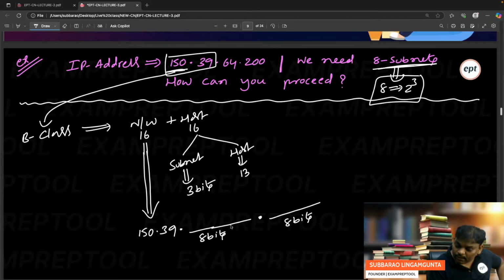Remember, in the 8 bits, 3 bits are for the subnets. So the remaining here is 5 bits. But this other 8 bits, no change.